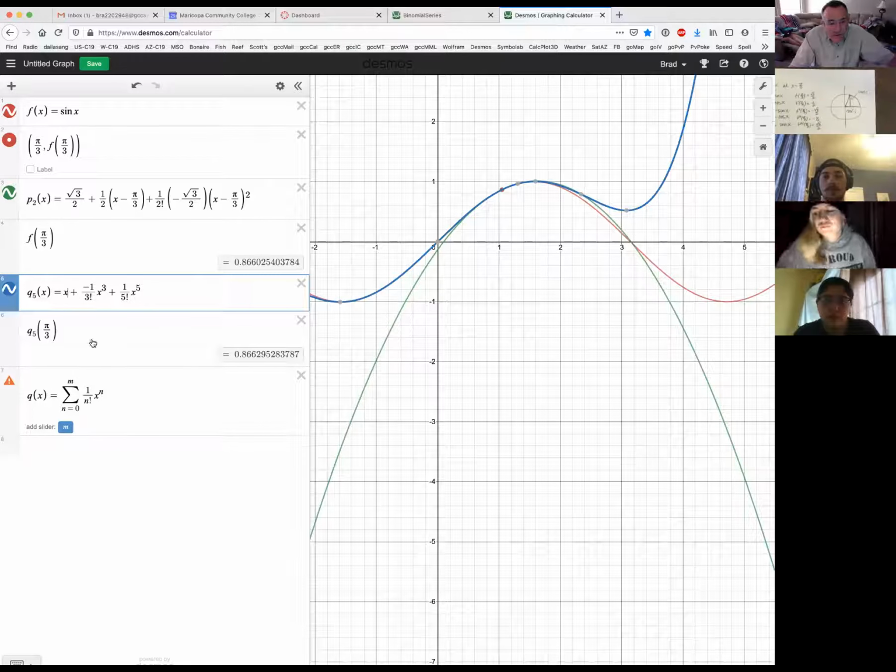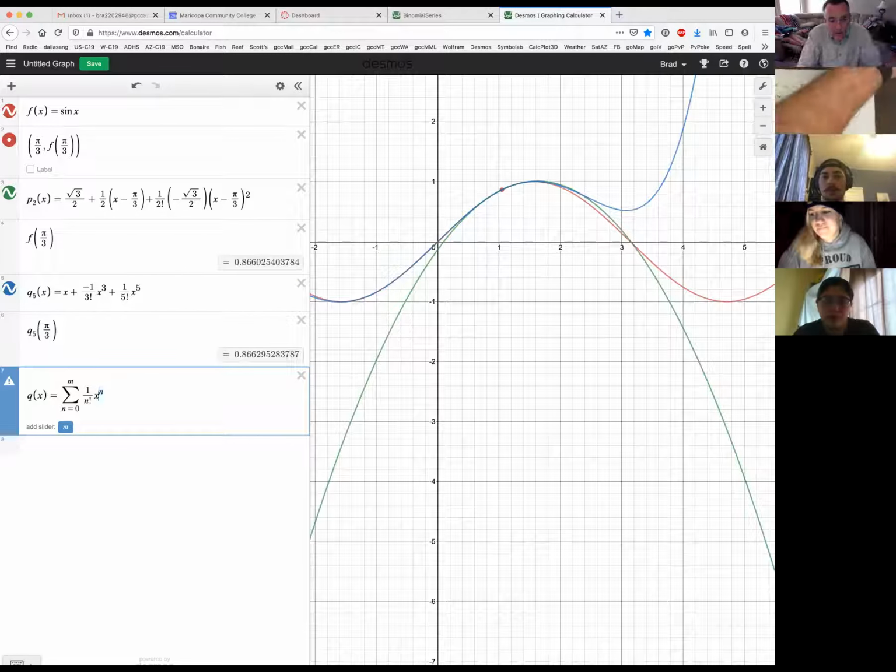It's not just the n powers, but it's the odd powers. So we want to go something like maybe 2n minus 1. And down here we want 2n minus 1 factorial.